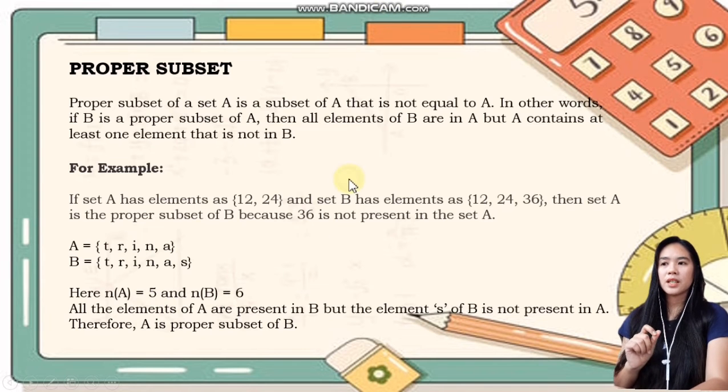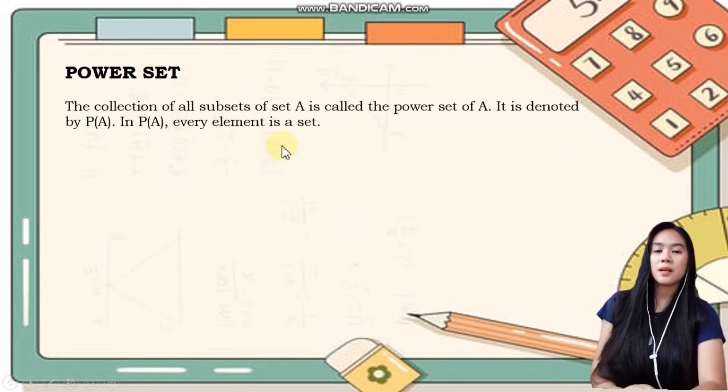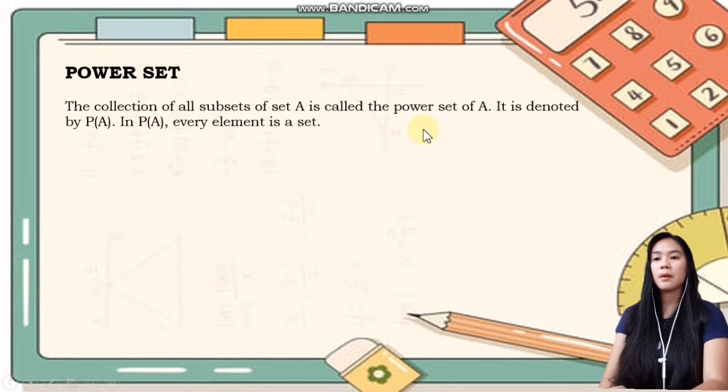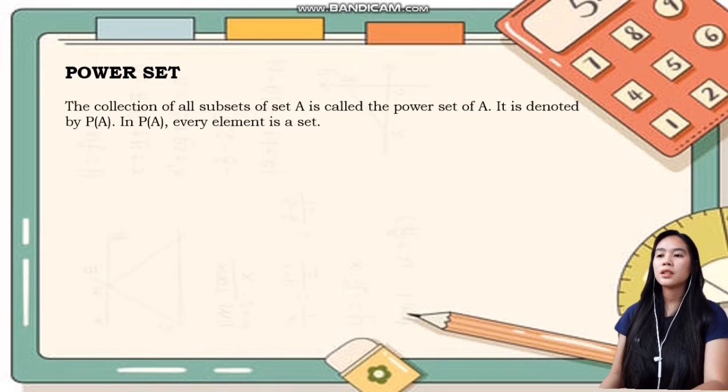So, the next one is the power set. The collection of all subsets of set A is called the power set of A. It is denoted by power set of set A. In power set of set A, every element is a set. Basically, this is a set is the combination of all subsets including null sets of A given sets.